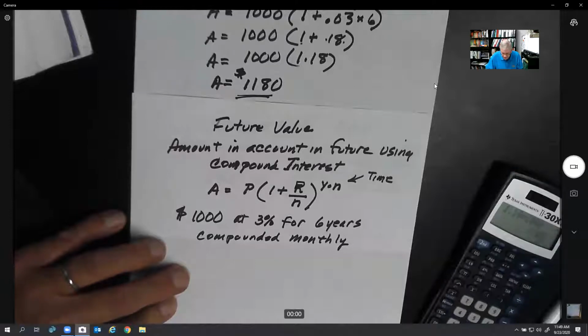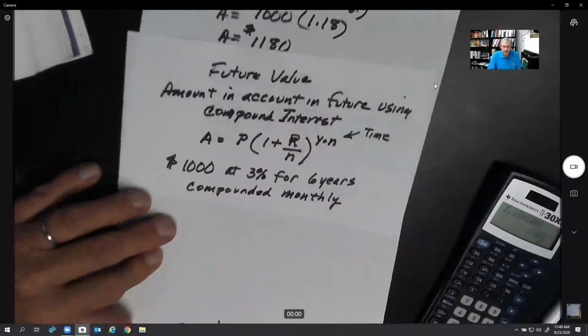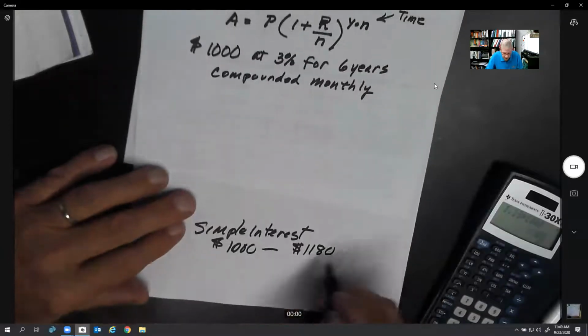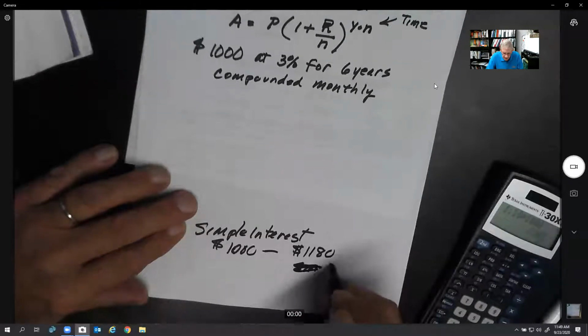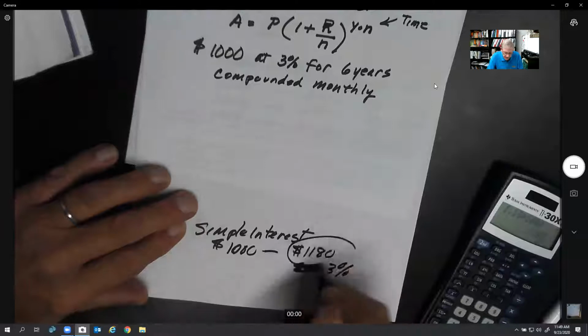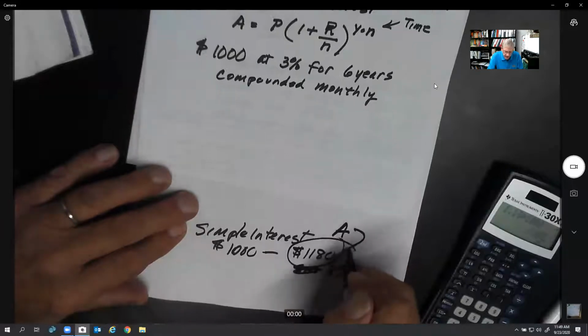And at the end of 6 years, you had $1,180 coming back to you. This was at 3%. This is your amount after.